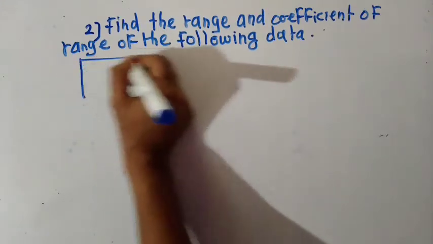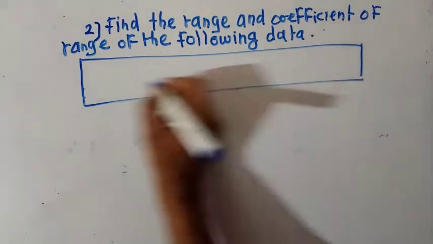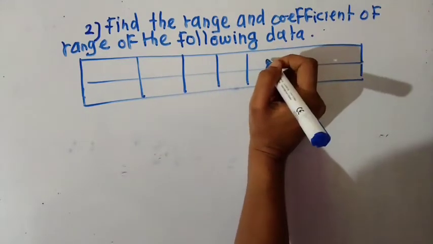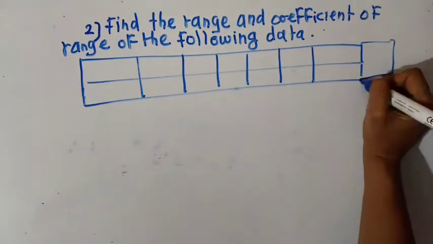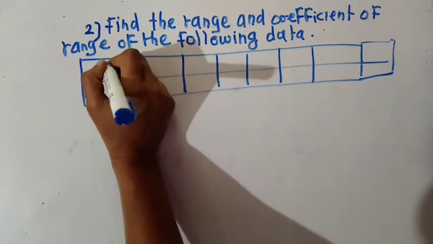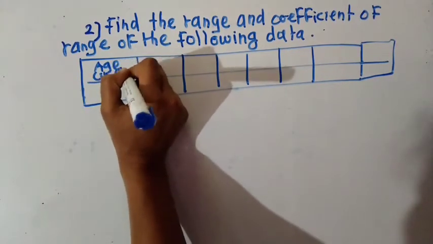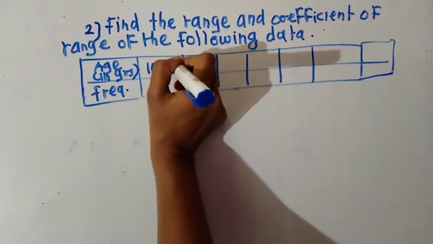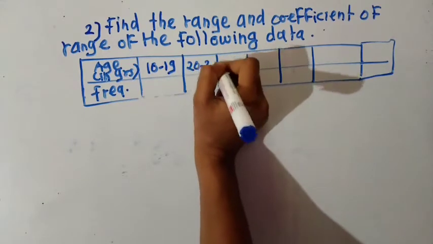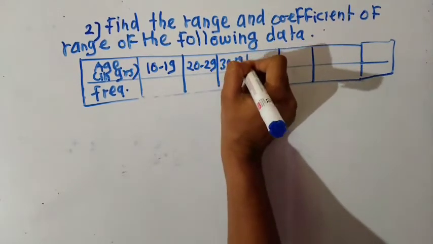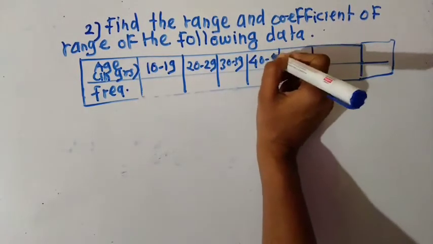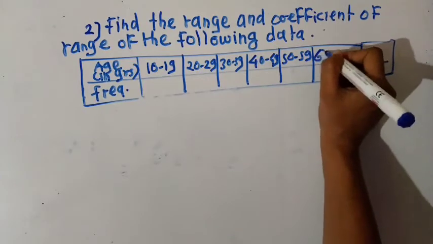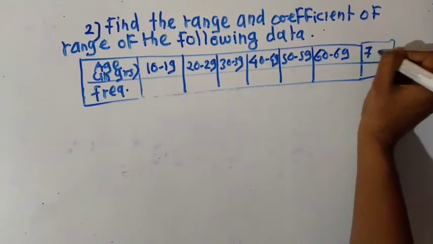So first, given this data: age in years and this is frequency. 10 to 19, 20 to 29, 30 to 39, 40 to 49, 50 to 59, 60 to 69 and 70 to 79.